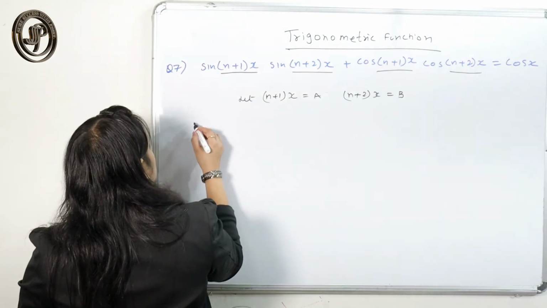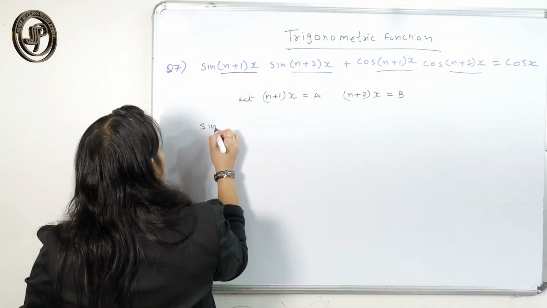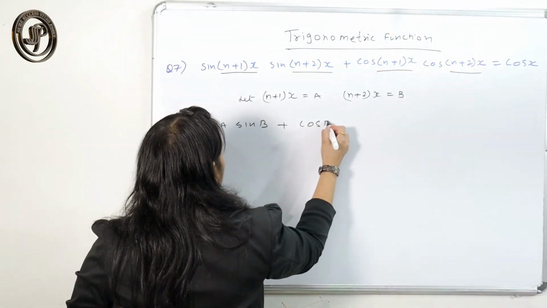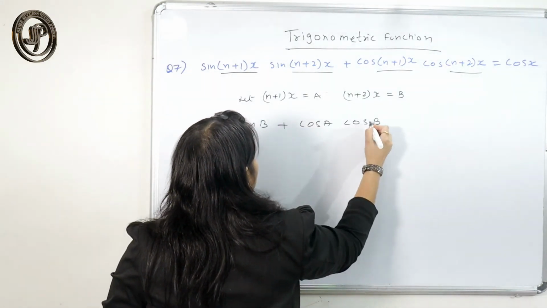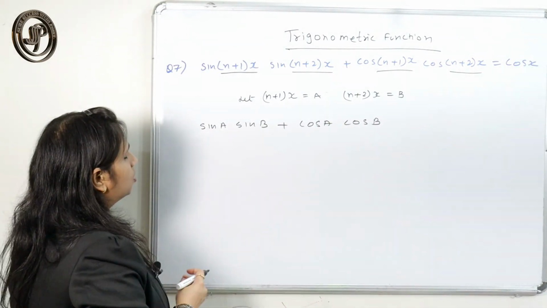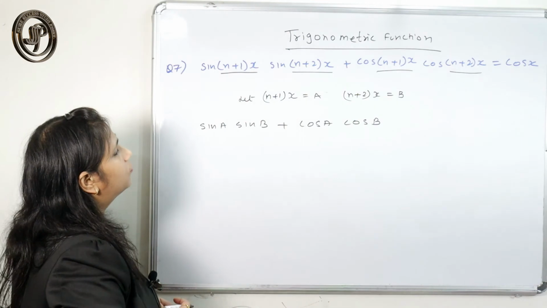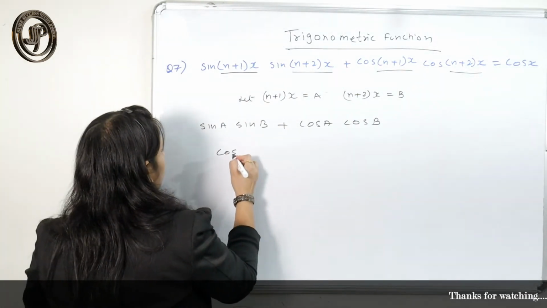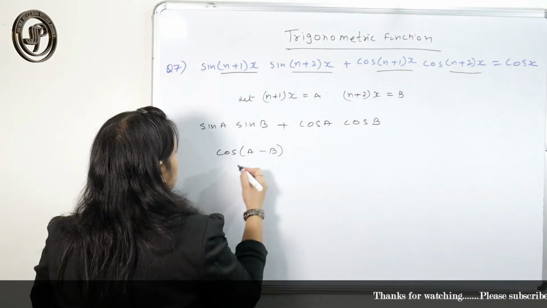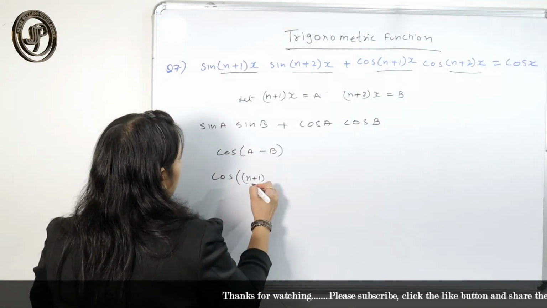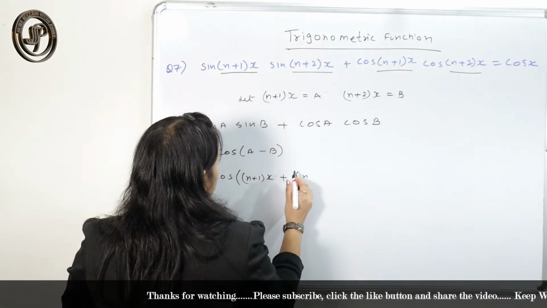Your LHS becomes sin a sin b plus cos a cos b. So this is the formula for what? If you just concise this formula, this is the formula for cos a minus b. Now you can substitute.